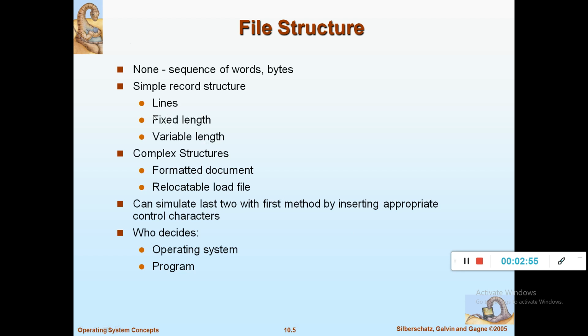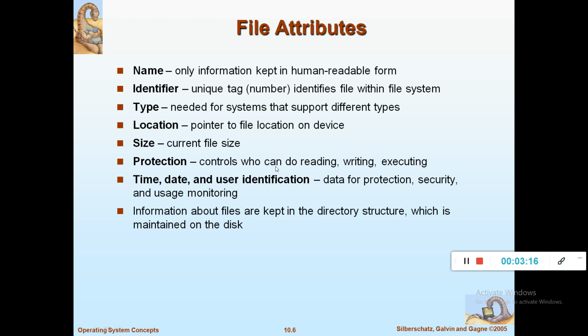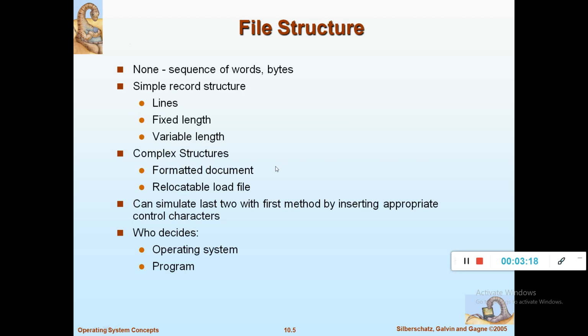As per the definition, it is a sequence of words, bytes, or characters, and all this information is going to be organized in the form of lines. The structure of the file may be fixed length or variable length, depending upon how the user wants to create the file. So a file structure is either a collection of lines, or fixed length, or variable length.